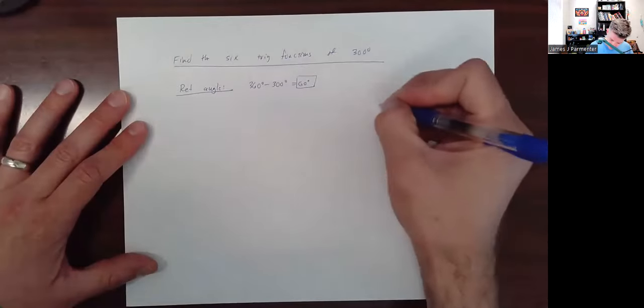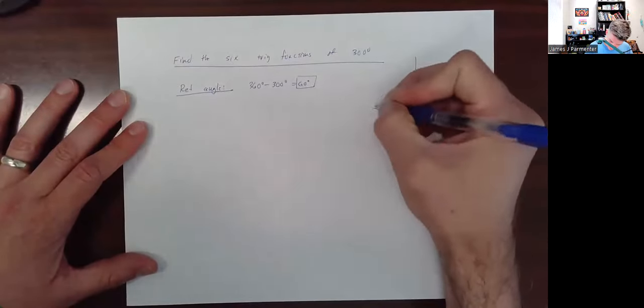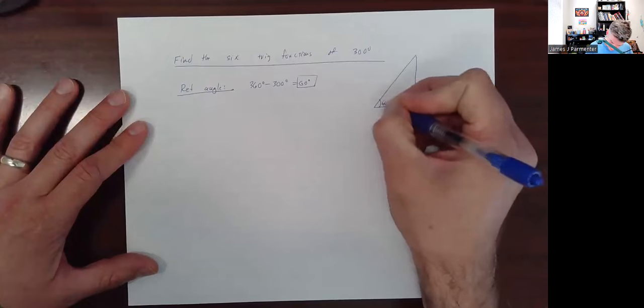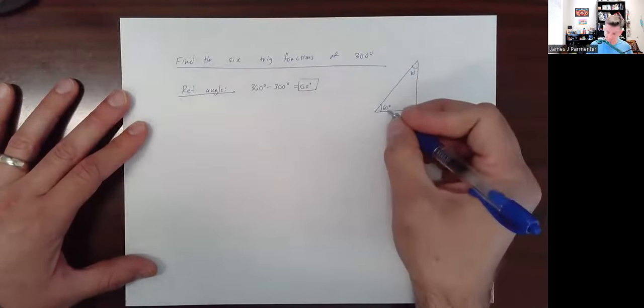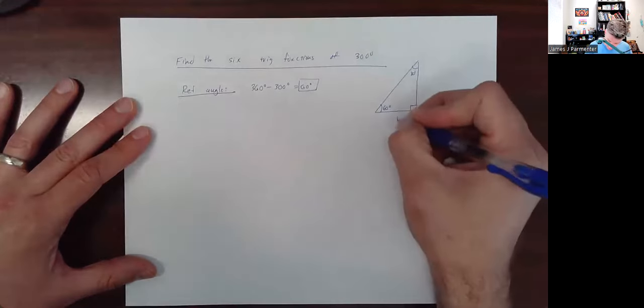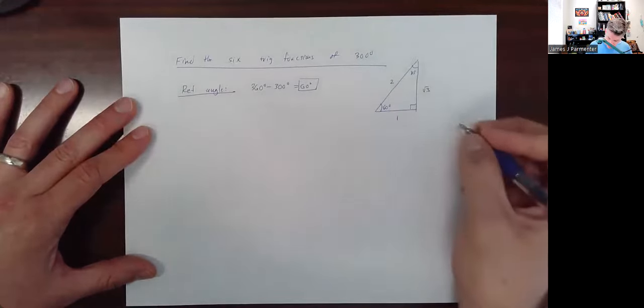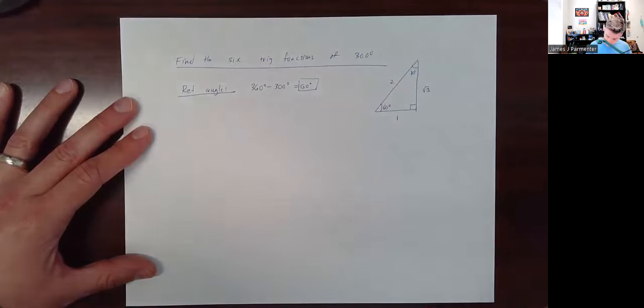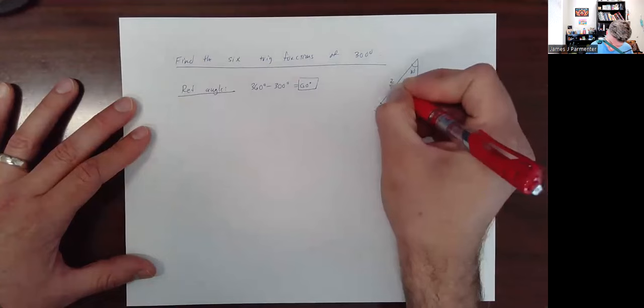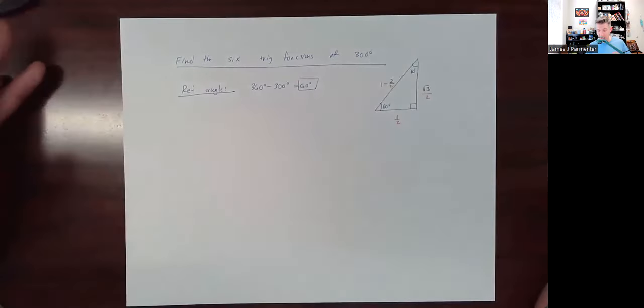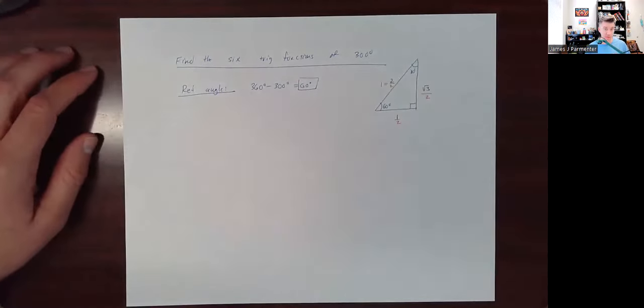So it would look like this. The sides are, you can either do 1, root 3, and 2, or if you prefer, you can do 1/2, root 3 over 2, and 2 over 2 equals 1. Either way is fine. You can make whatever choice you like.